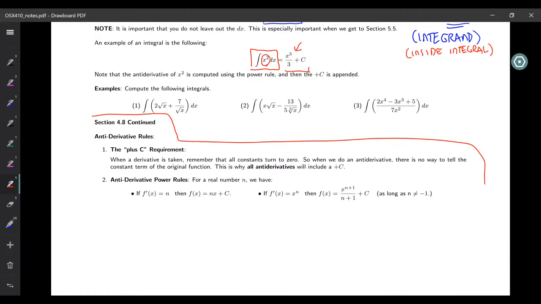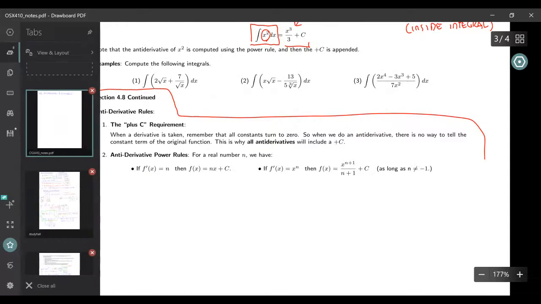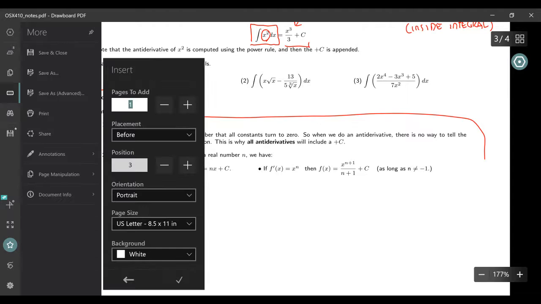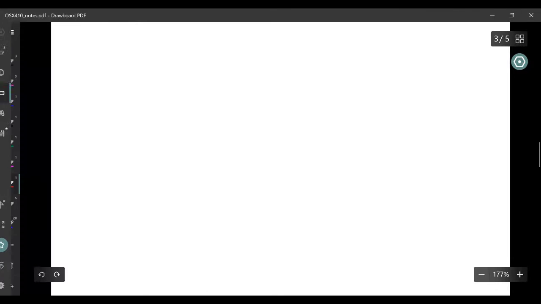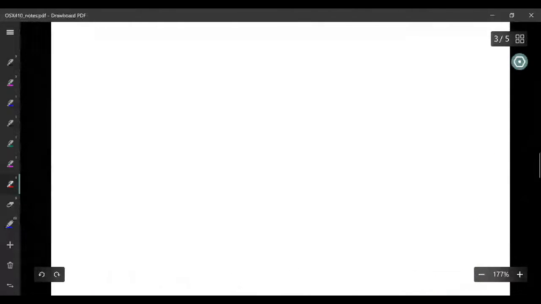All right, so let's look at this first example here. Let me just add a new page. I'm going to copy these three questions here.